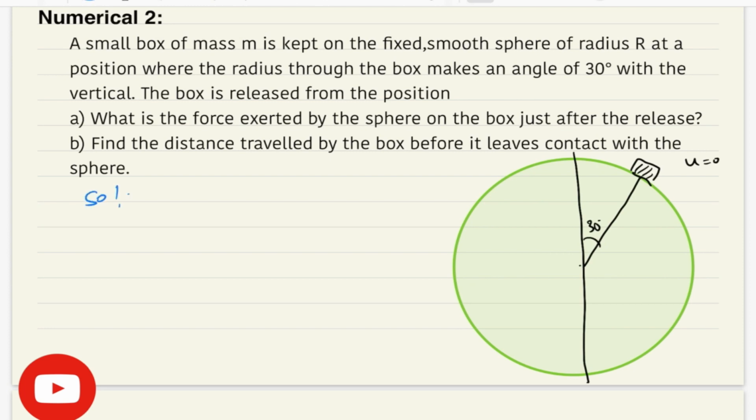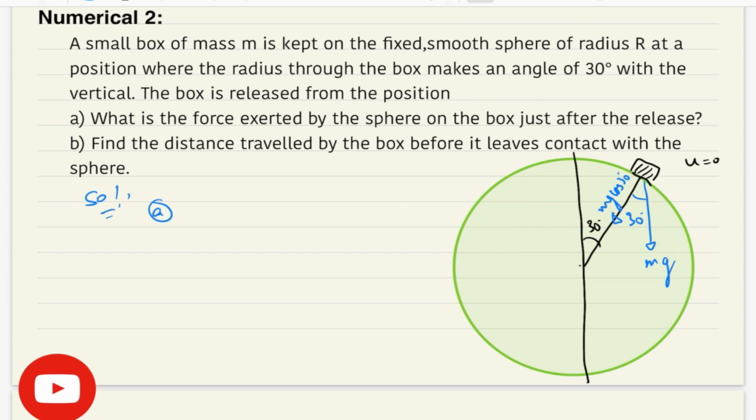So for part A, we can simply say that as the gravitational force is acting downward, which is mg, this angle is 30 degrees. So the component of mg in this direction is equal to mg cos of 30 degrees.